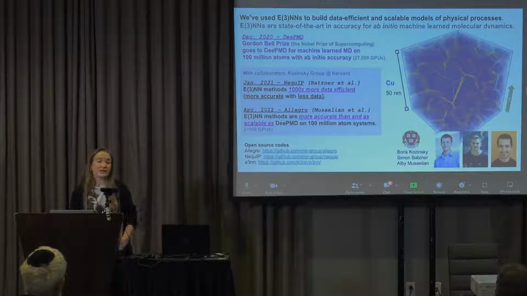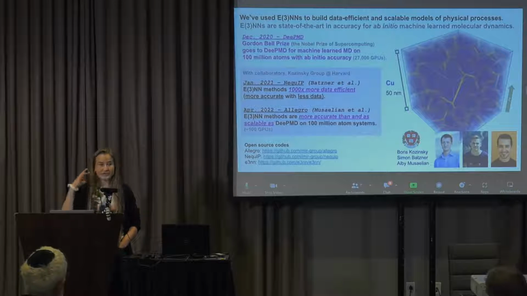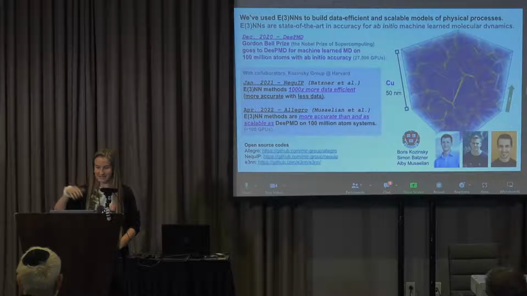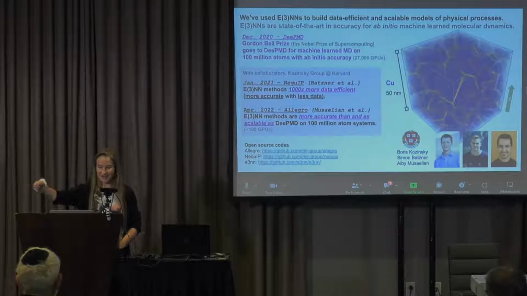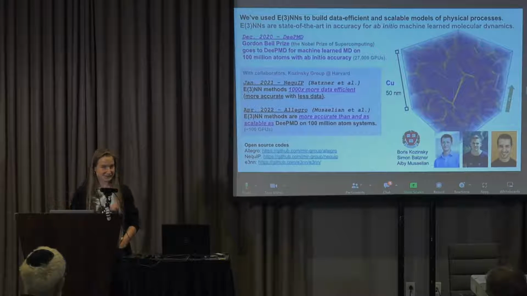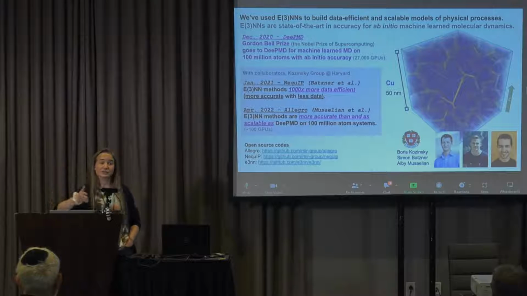And they were awarded it because they scaled this ab initio molecular dynamics to 100 million atoms. So quantum mechanical accuracy on 100 million atoms. Now using the Summit supercomputer, which has 27,000 GPUs, so not only a big scientific effort, but also a huge engineering effort. So it was super cool.